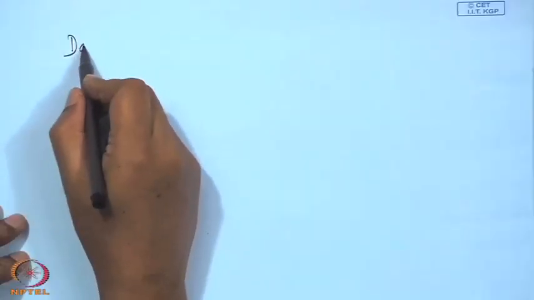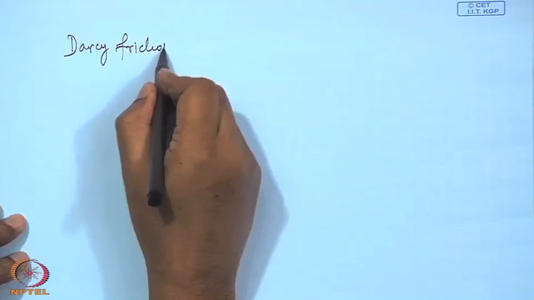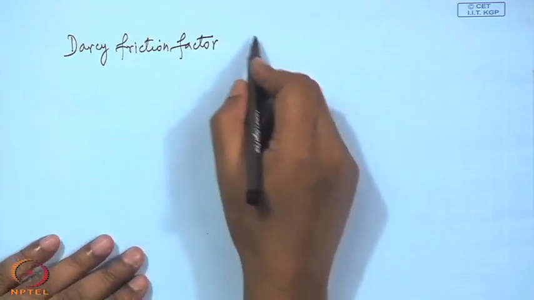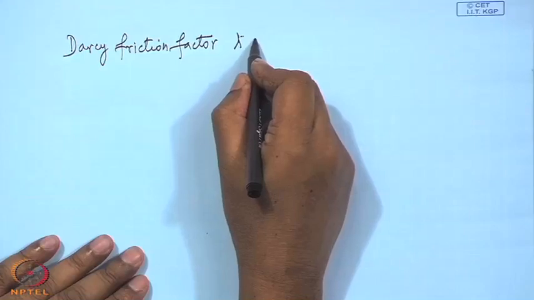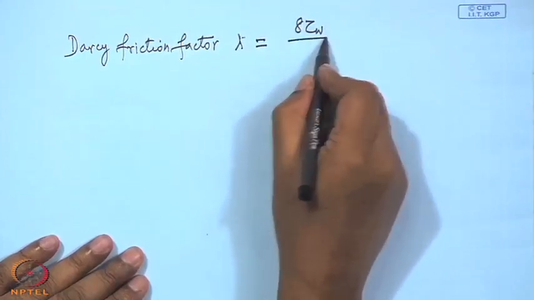Some non-dimensional parameters are used to express this frictional effect in this flow, and they are defined in this way. One is the Darcy friction factor, which we will denote by lambda, and is defined by this.